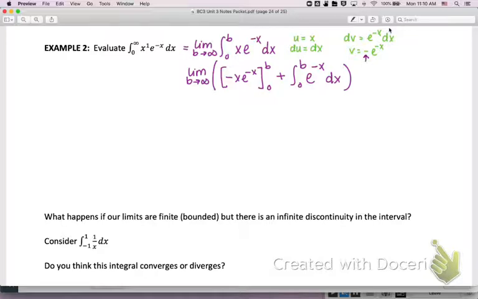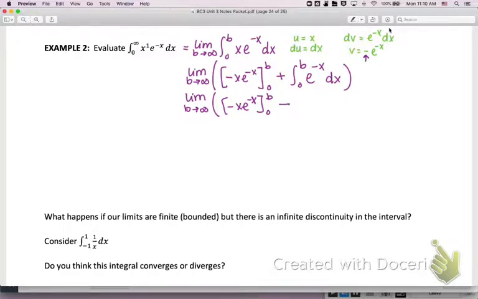And so we can see now that once we've got all of our integrals done, we get the limit as b approaches infinity of negative x e to the negative x. I'm just going to wait to evaluate these all at one time. Plus, and I guess technically we can call that minus because we've already done this integral before.